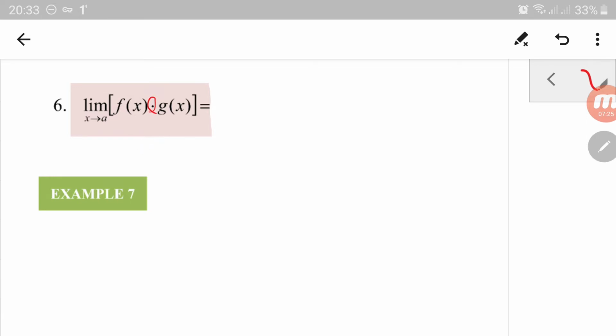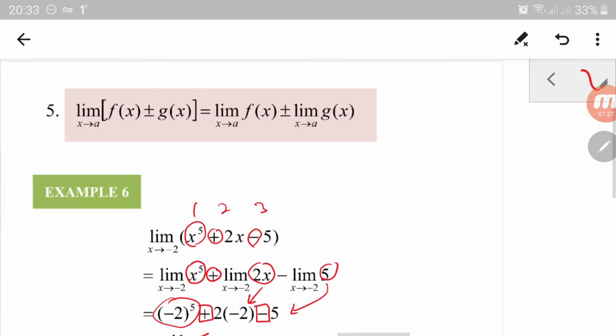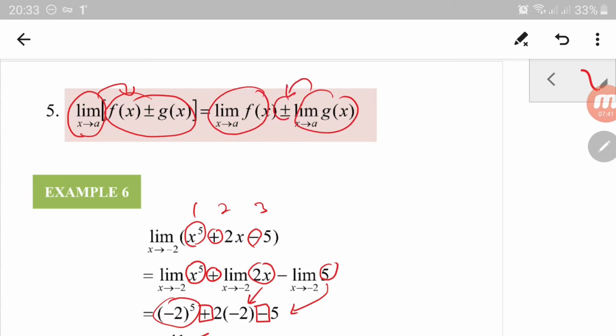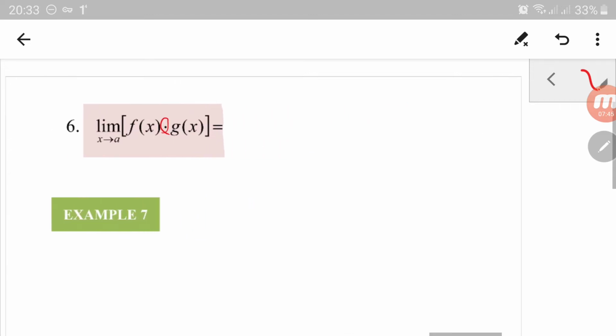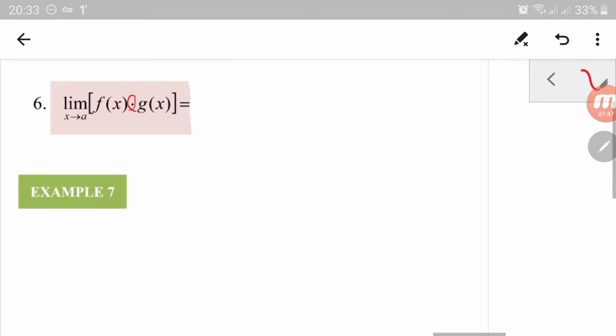As I said, this one means that we want to find the limit of multiple functions that are added to or subtracted from each other. We can also find the limit of each one of them, then we add or subtract them. So the same principle holds for the next property.